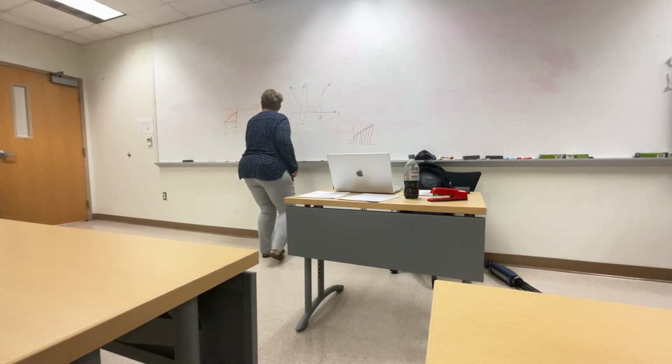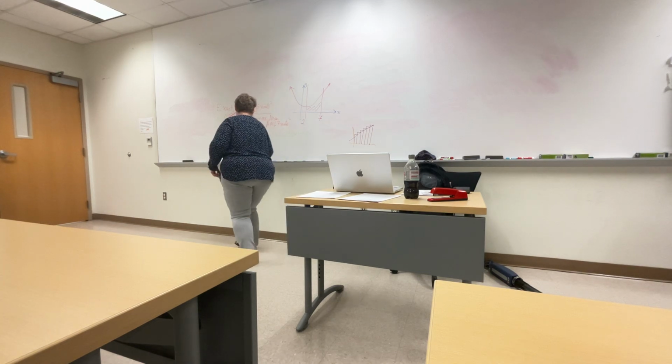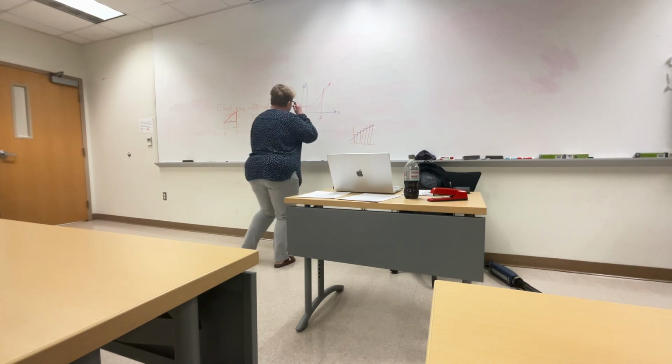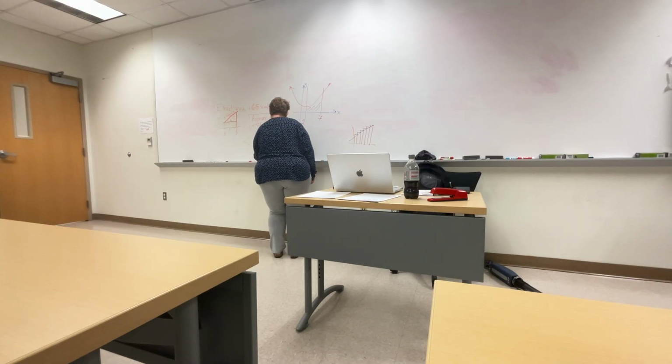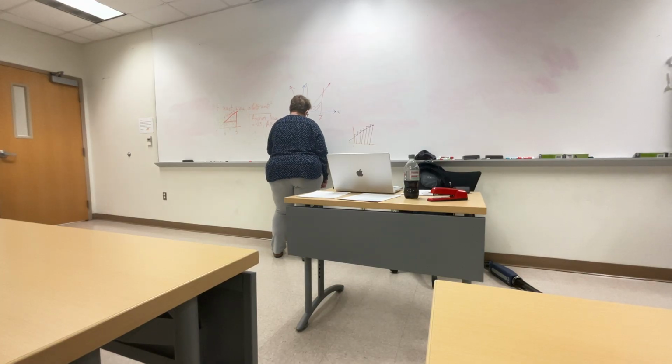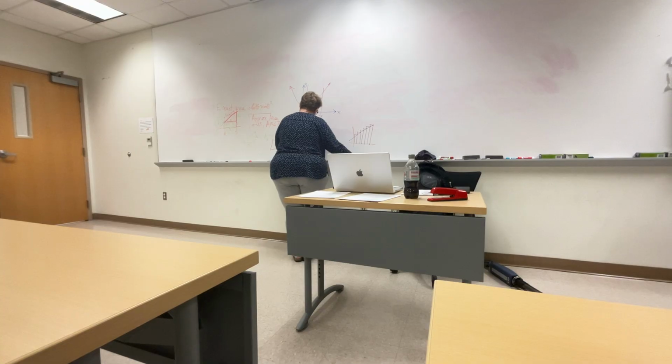And then for the rectangle, I guess I've got my colors messed up. For the rectangle, we have a base of 5, a height of 3. We know that the area of a rectangle is base times height.